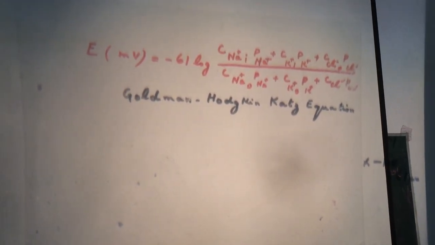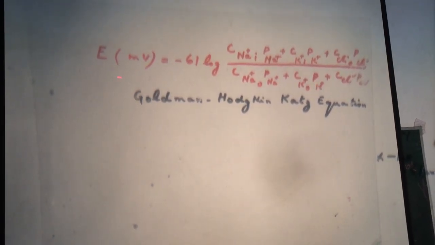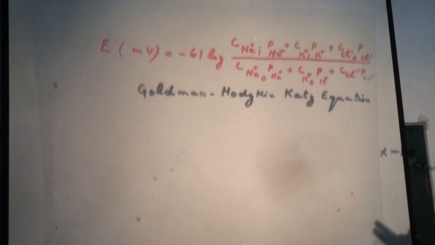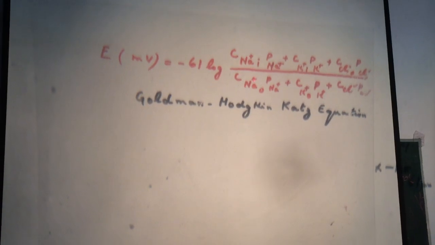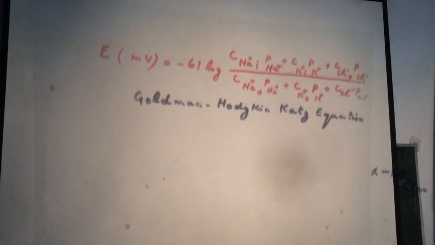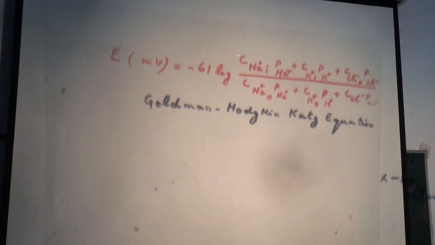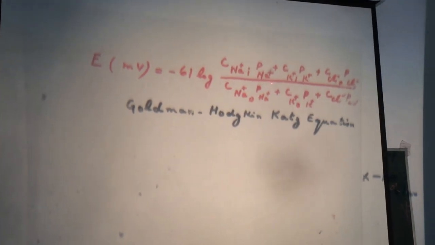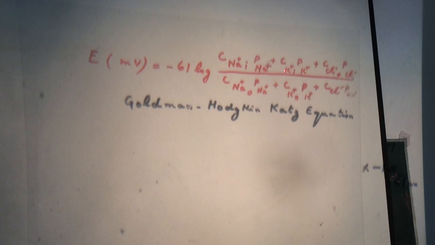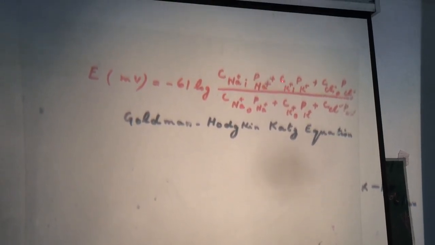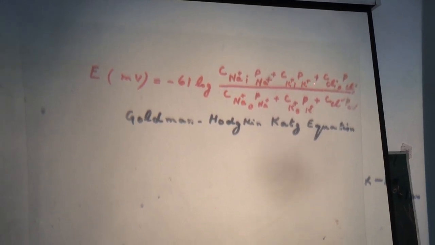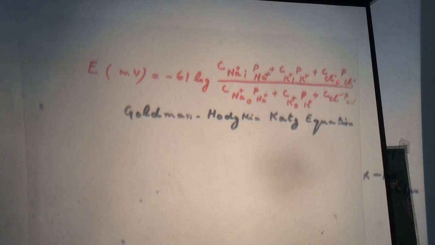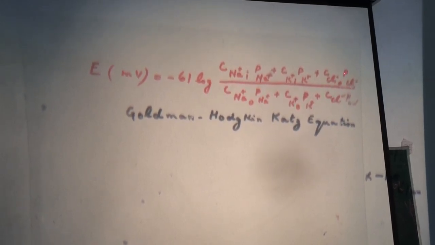That is, E, the electrical potential in millivolt, is equal to minus 61 log of C, the concentration of sodium inside, times P sodium, where P is permeability, plus C potassium inside times P potassium, plus C chloride outside times P chloride, the permeability of chloride.